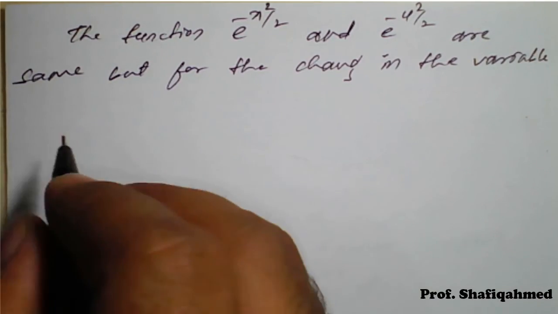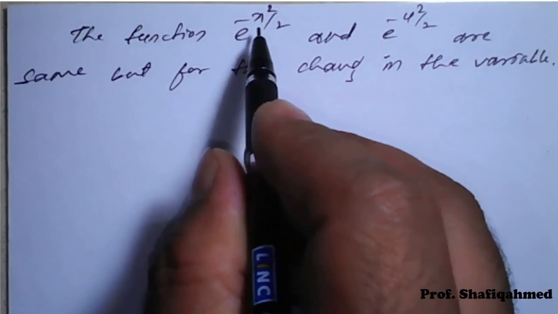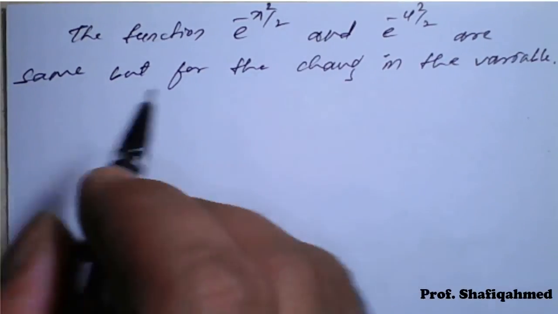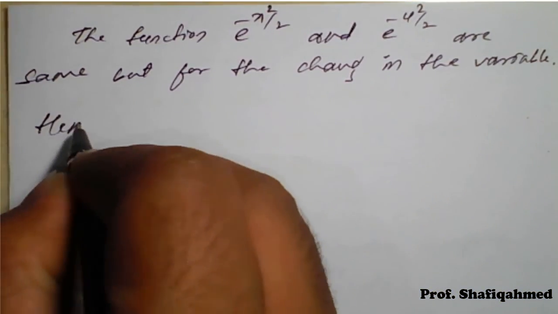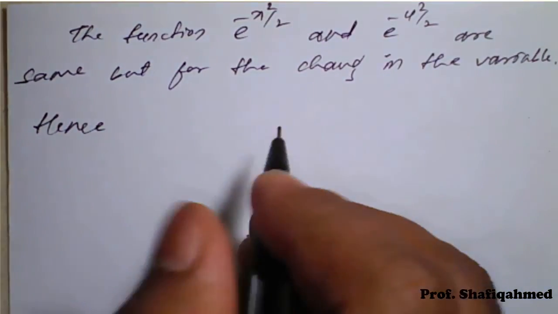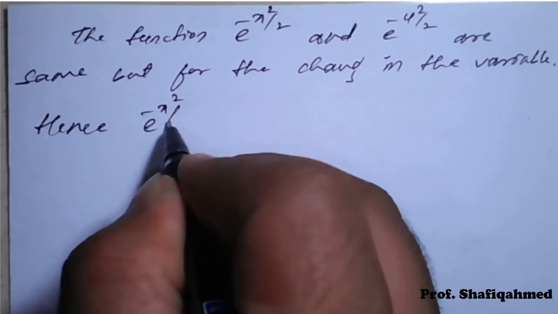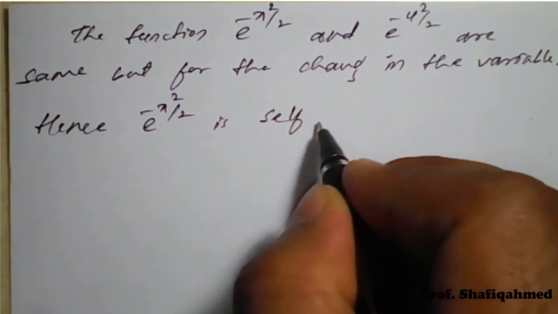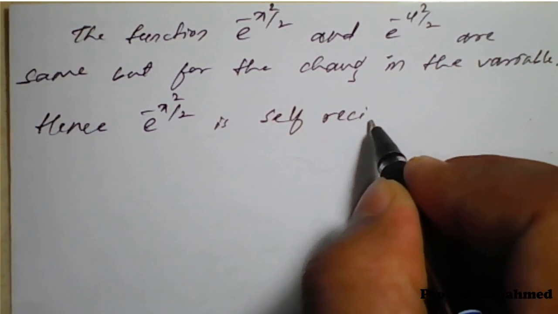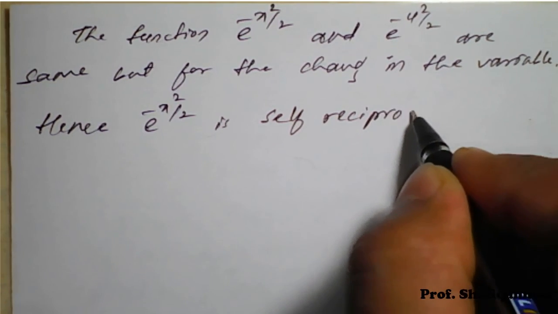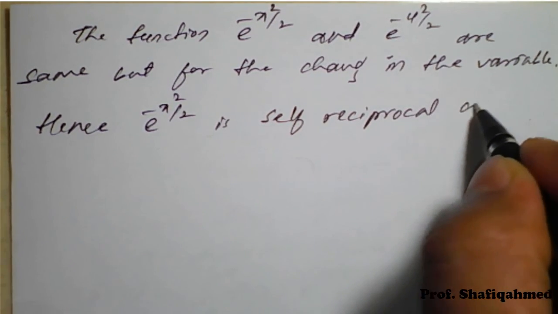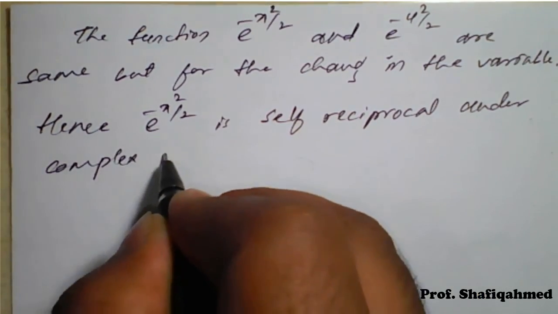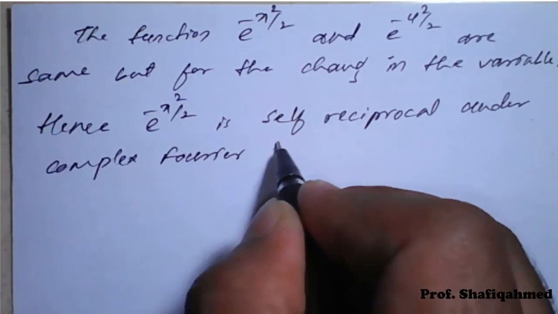We can see that here we have x square by 2 and here we have u square. The variable is changing, so hence we can conclude that e raised to minus x square by 2 is self reciprocal under complex Fourier transform.